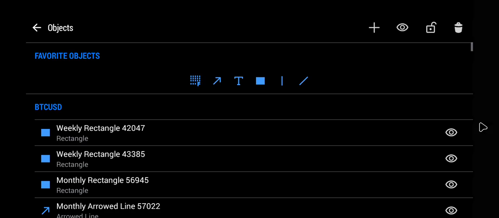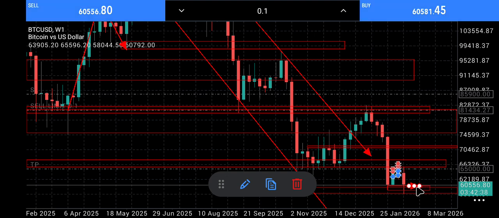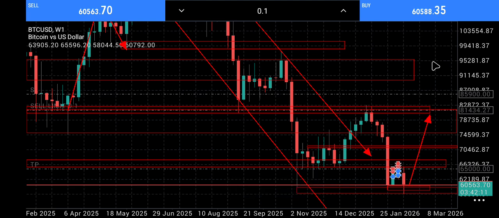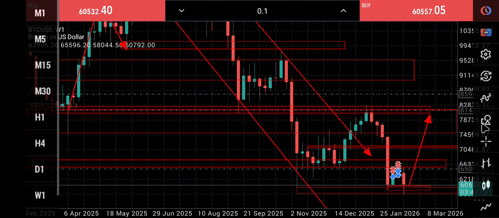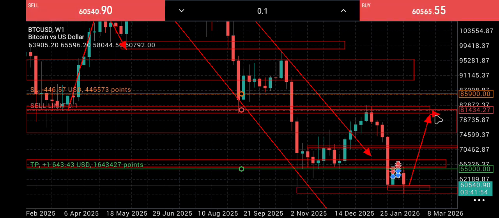When the price gets up to there, my anticipation, or my speculation, is that this price will fall, right? This price will fall.